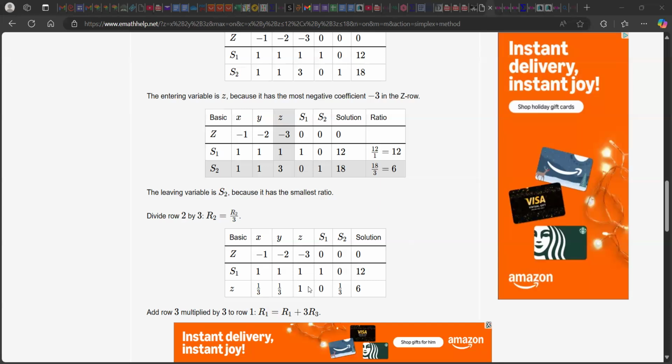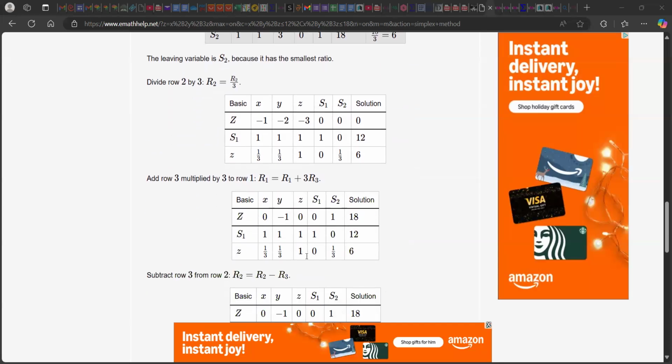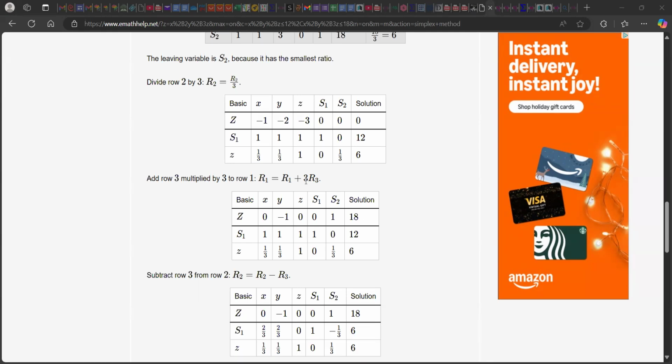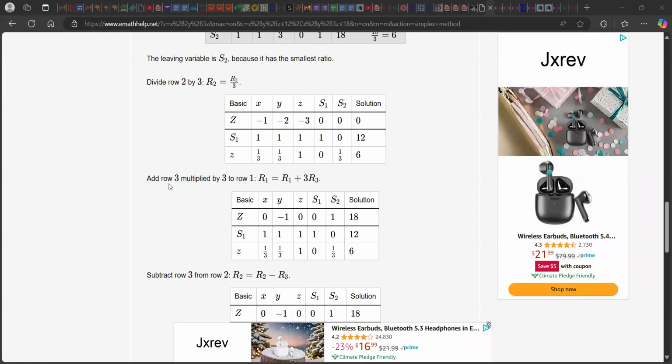That's what we want. Our next step is to make this minus 3 into a 0. What do we do? Well, notice what they did. All your operations in this part of the calculation will involve that row 3, right? Notice now they're calling it row 3. They say add row 3 multiplied by 3 to row 1. So we take this last row, multiply by 3, and add it to row 1, and that will get rid of this minus 3, right?